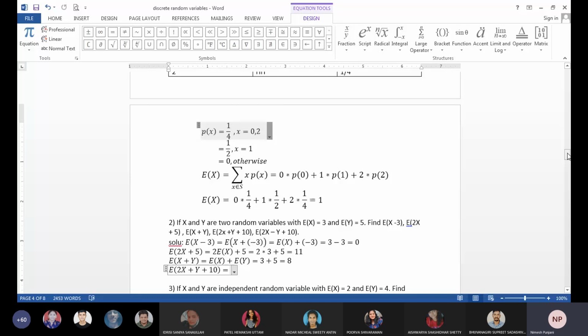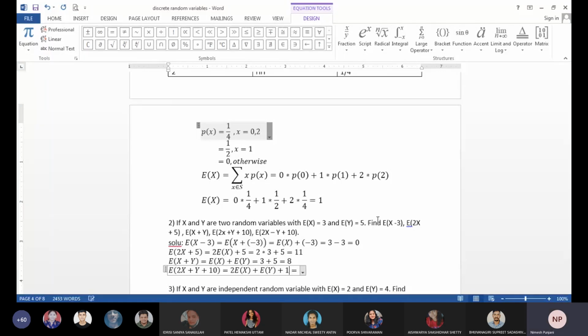So what will be its simplification? It will be 2 times E of x plus E of y plus 10.